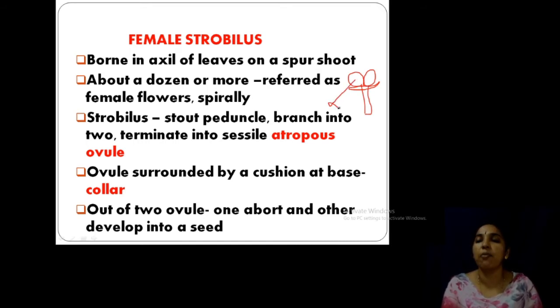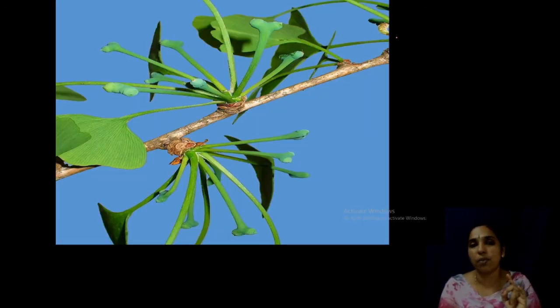This will abort and only one will function. This is the nature of the female strobilus. The collar is very important, because you can compare this collar with the bract or perianth of an angiosperm flower. Clear? The ovules are usually two, with one aborted, and the ovule is atropous.